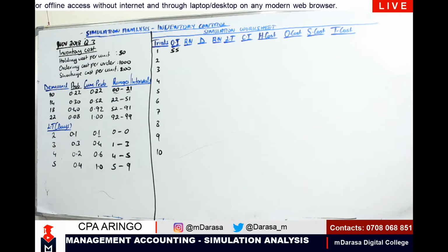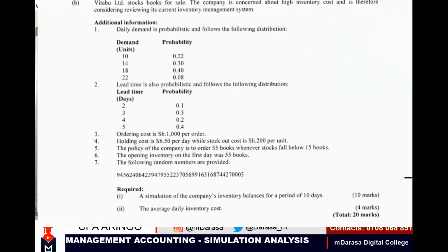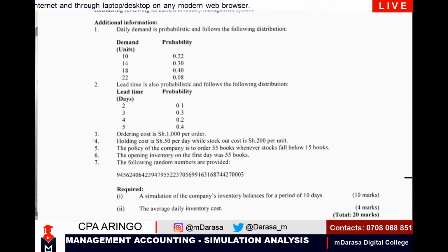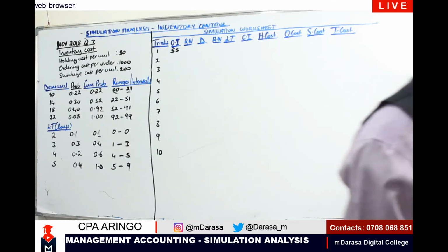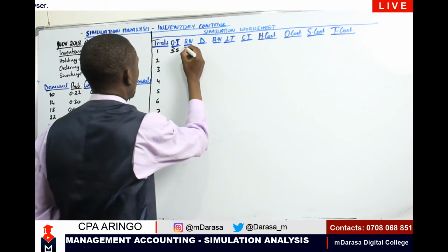So looking at our question here, note 7, the following random numbers are provided. So I'm having 94. That is what we are going to take as our first random number.